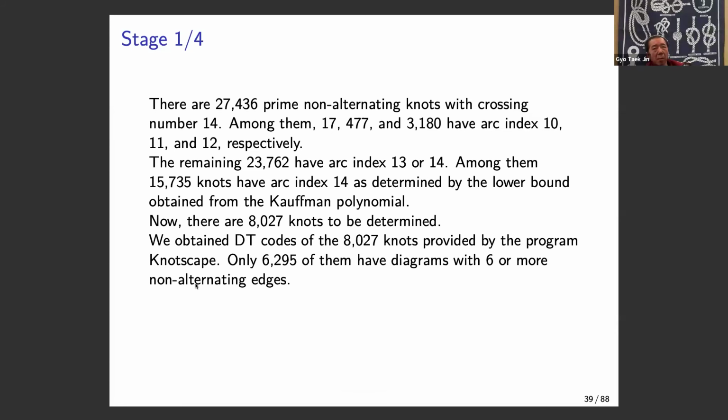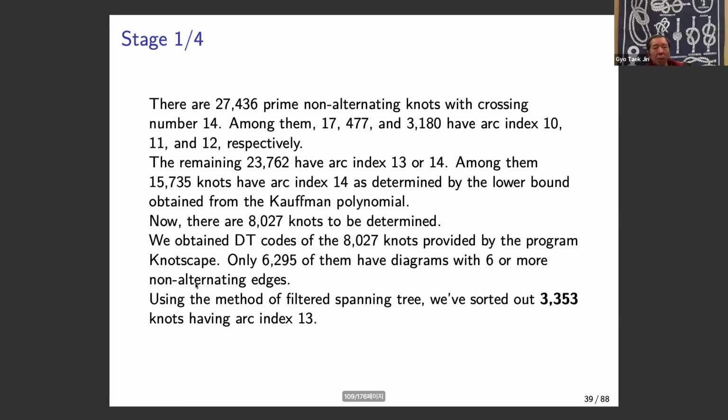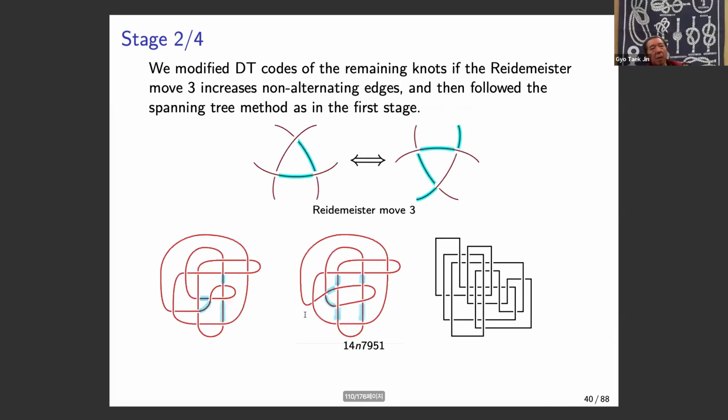And then, first attempt, we decided 3,353 of them are of arc index 13. And then for the rest, we used this randomizer move 3. So the randomizer move 3 increases or decreases the number of non-alternating edges by 2.